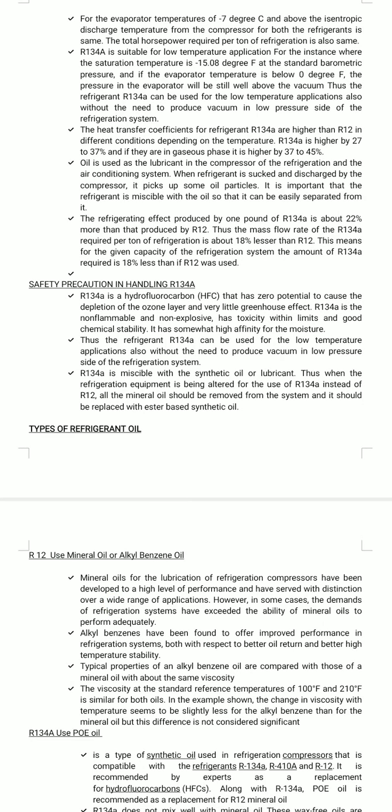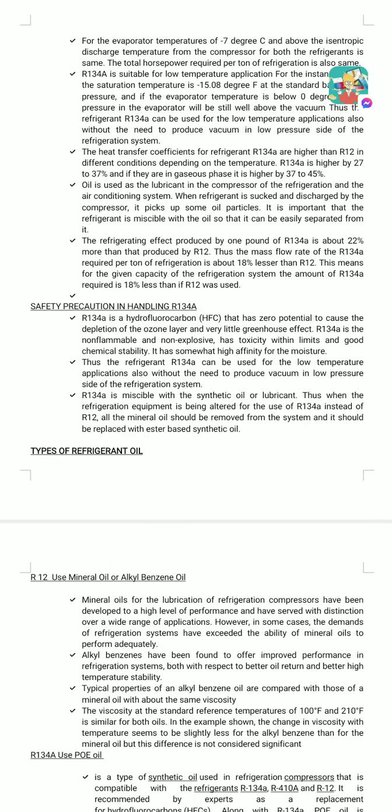R134A is suitable for low temperature application, for instance where the saturation temperature is negative 15.08 degrees Fahrenheit at the standard barometric pressure, and if the evaporator temperature is below 0 degrees Fahrenheit, the pressure in the evaporator will still be well above the vacuum.